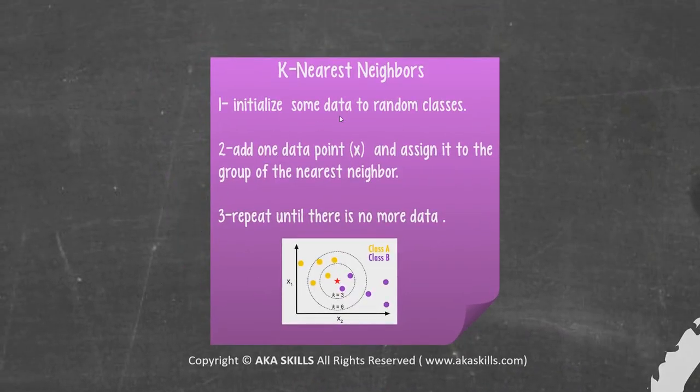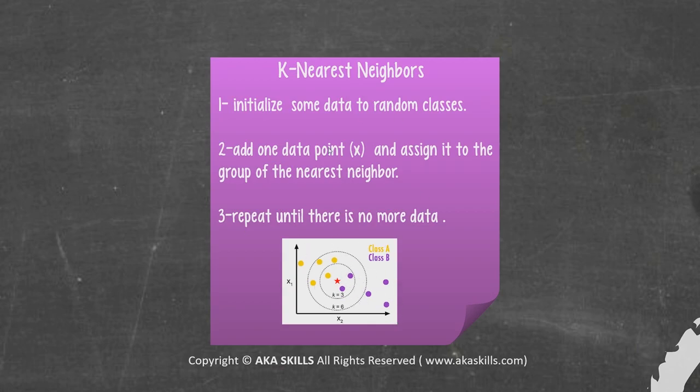Next, the k nearest neighbors algorithm. This is another algorithm. It's similar to the previous one, but actually I think KNN is easier. But KNN is sometimes considered not unsupervised learning, but semi-supervised learning, because at the beginning you need to know the class of some data points.